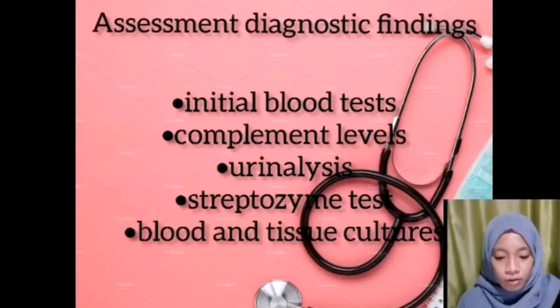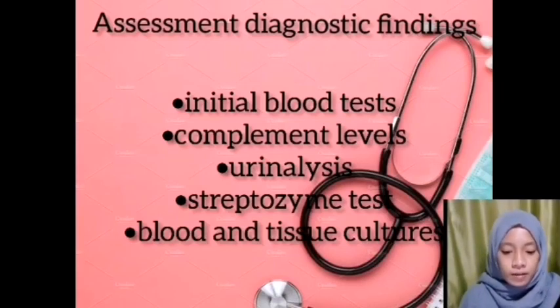Blood and tissue cultures are indicated in patients with fever, immunosuppression, intravenous drug use history, and indwelling catheters. Cultures of throat and skin lesions for group A streptococcus species may be obtained.